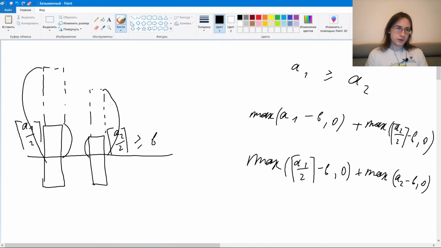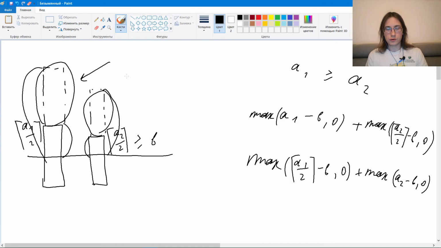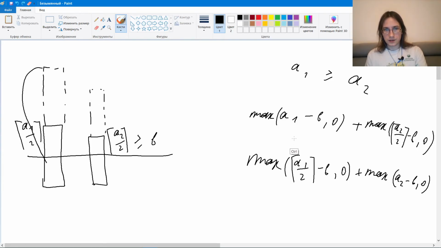The total amount which we subtract from the initial sum is 2b in both cases, plus a1 over 2 rounded down in the second case, and a2 over 2 rounded down in the first case. So in the second case, we will subtract more or the same amount. So again, in this case, this is larger or equal.